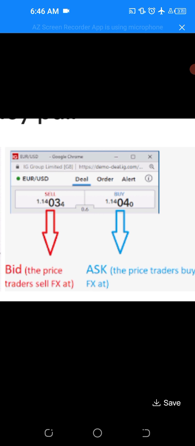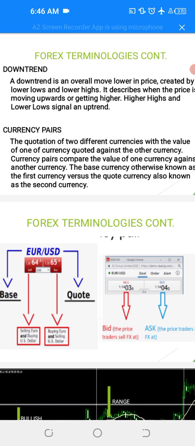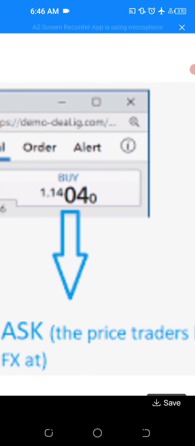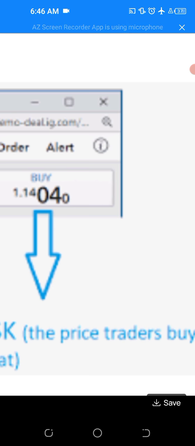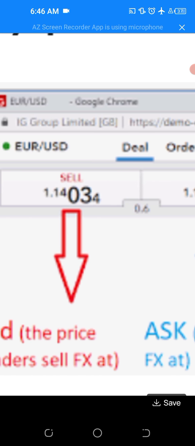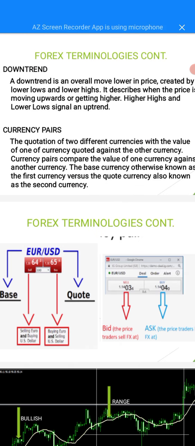Or the other way around, one of them is the bid currency, while the other one is the ask currency. The ask is the price traders buy at in the forex market, while the bid is the price traders sell at.